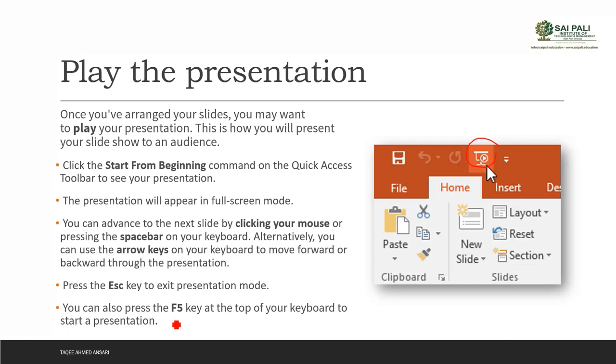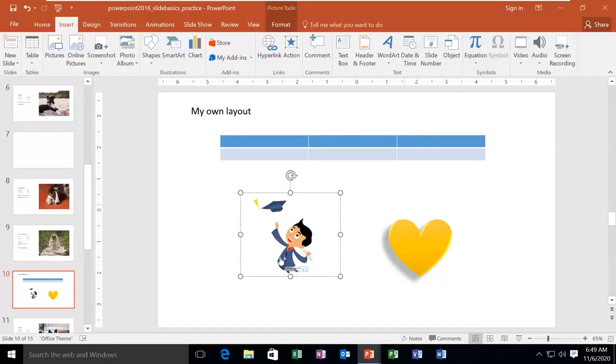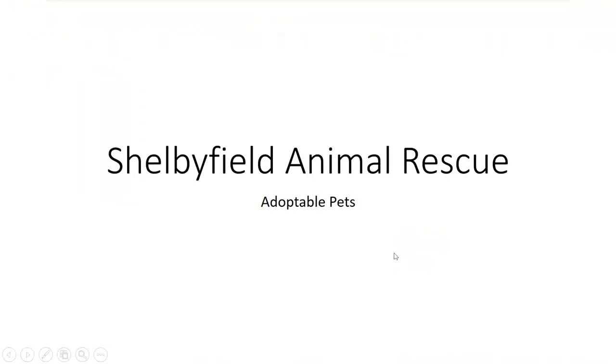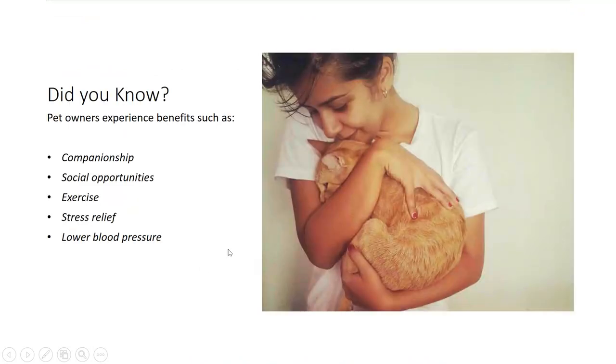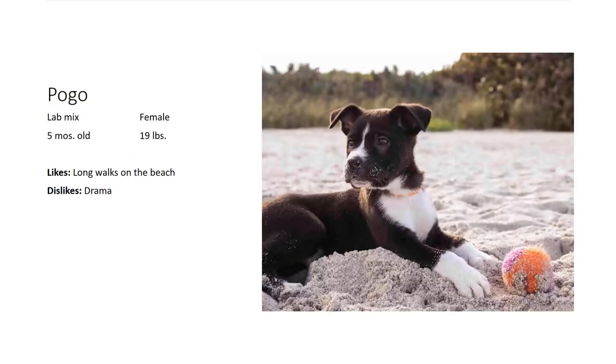Or you can press F5 to start your presentation. If I want to start my presentation for these slides, I can start it from here, Start from the Beginning, or you can see it is showing F5 also. So you can press F5 or press this key and it will start. Now for changing the slide, I can click the mouse, I can press the space bar, I can press the arrow key also.